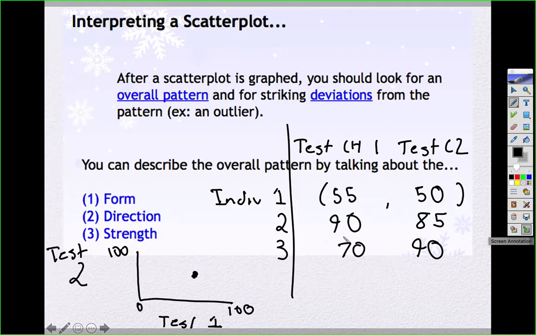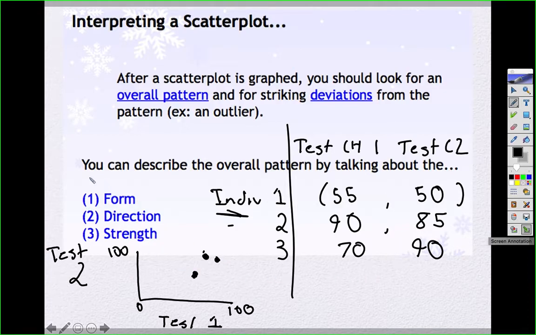An x at 90 and a y at 85 would be about here. And then we have an x at 70 right between them, and a y at 90 up here. So scatter plots go by x and y, and each individual gets a point.